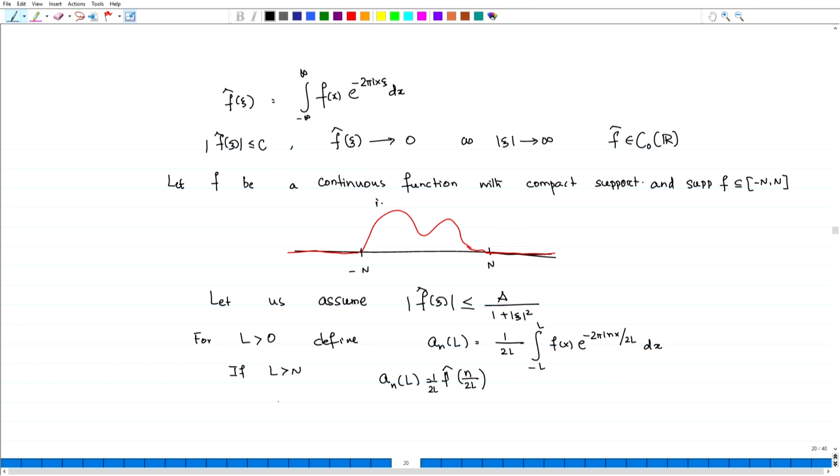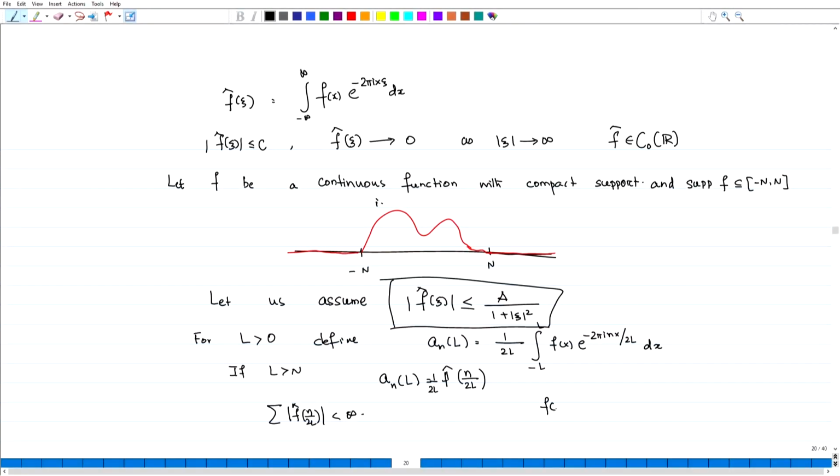Here, as you can see, because we are assuming that f hat has a moderate decay, the summation over n of mod of f hat of n by 2L is finite. Therefore, the Fourier series is an absolutely summable series and it converges to a continuous function at every point. That is what we have learned from our Fourier series course.